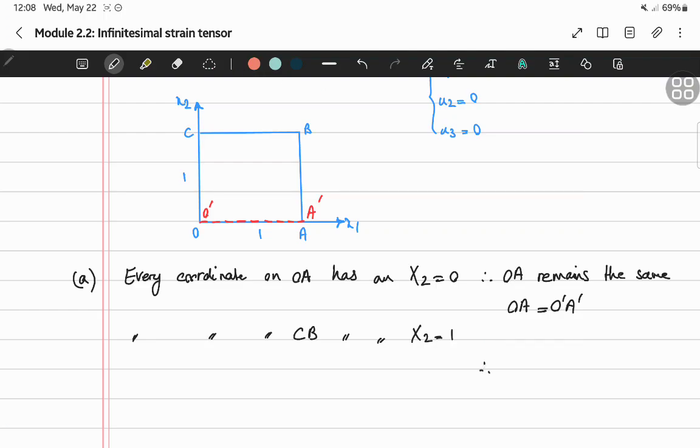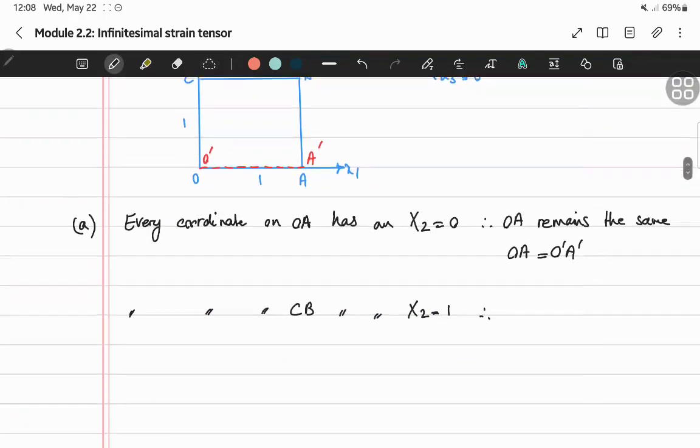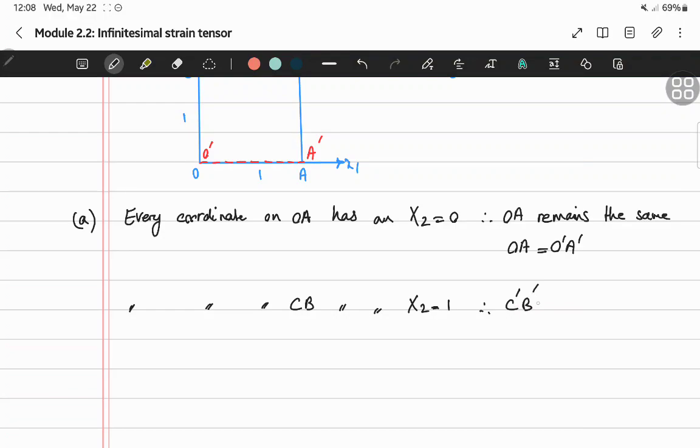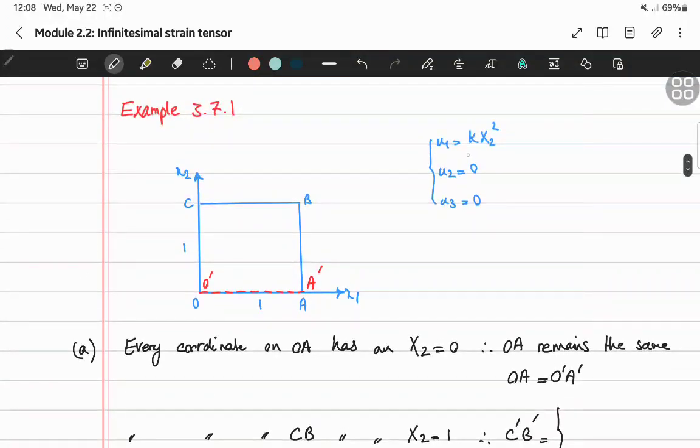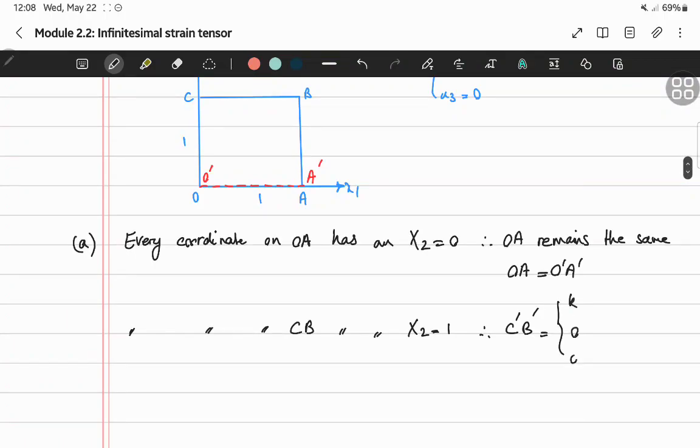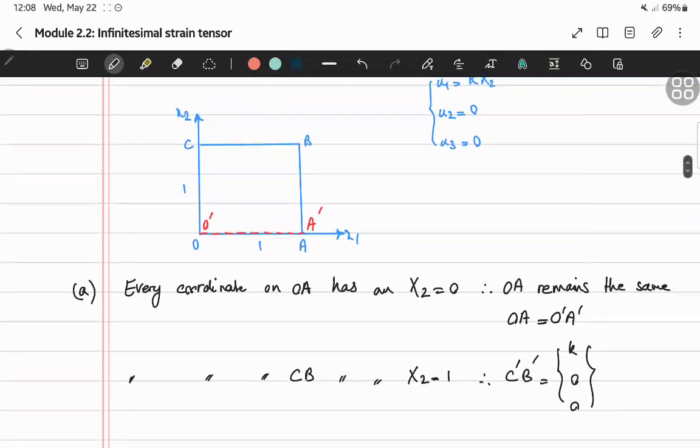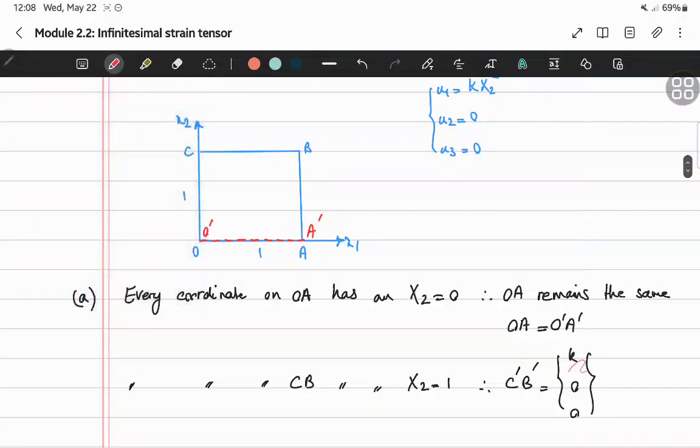If I just put this down, then C prime, B prime equals K, 0, and 0, which means that we have a translation in the x direction with the value of K. So let's call this K. So this point becomes C prime, and this point is K in here, and this becomes B prime. So it becomes like this.